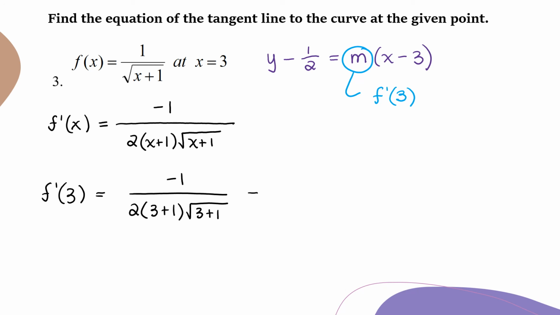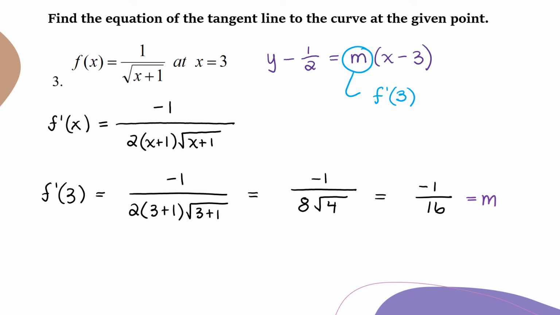So that's equal to negative 1 over 2 times 3 plus 1, so 2 times 4, which is 8, times the square root of 4, so that'll be negative 1 over 16. And that is the m that we're interested in.